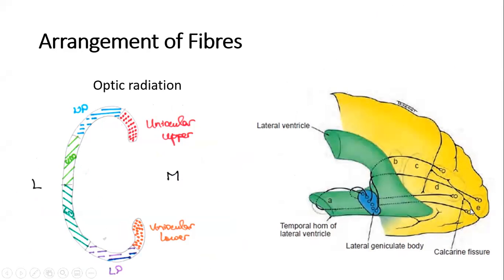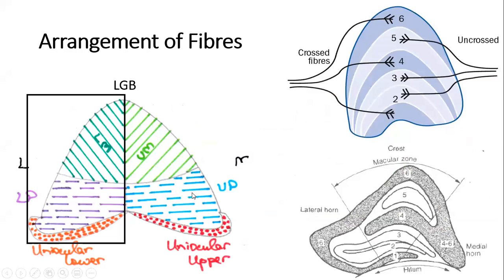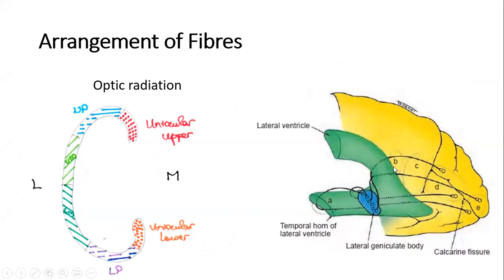Ultimately, it reaches the occipital cortex. Whereas those fibers which are there medially, which correspond to the upper part of the optic nerve, will directly go through the parietal lobe and ultimately terminate in the visual cortex. So these are the two radiations.